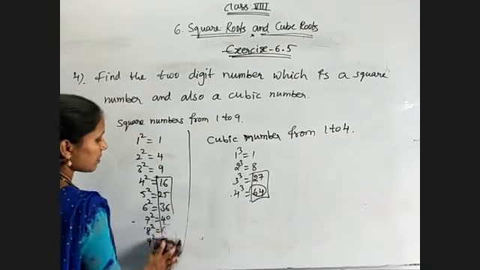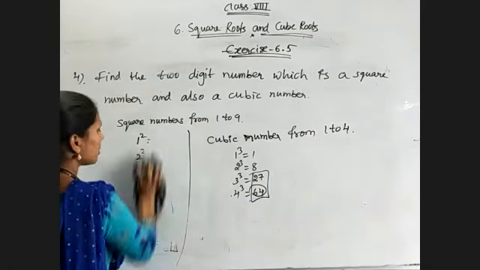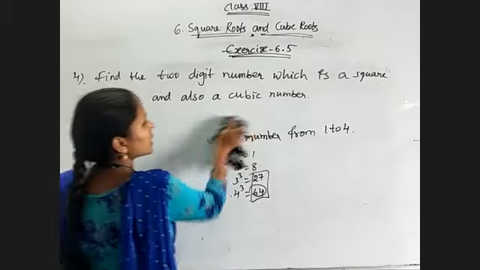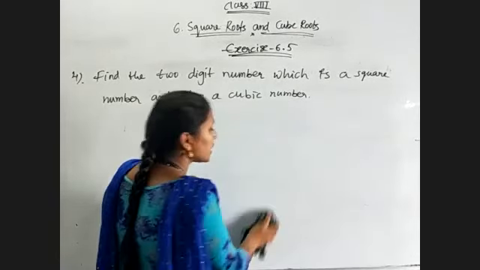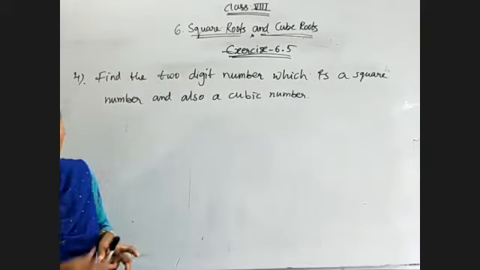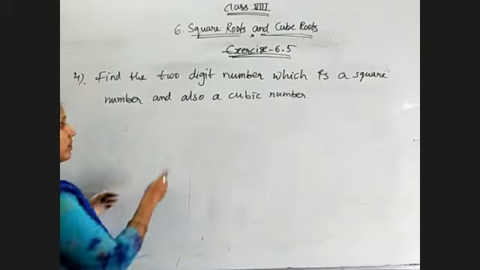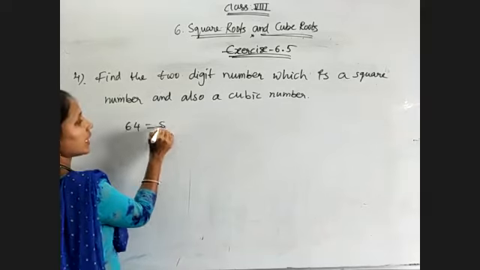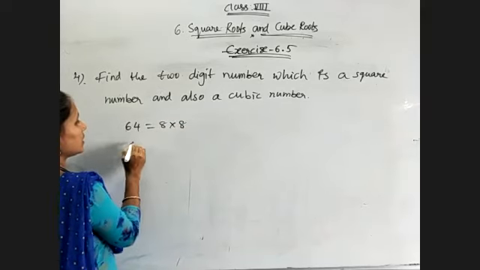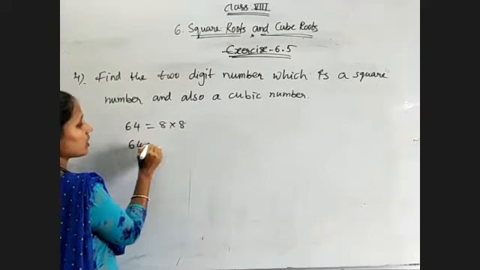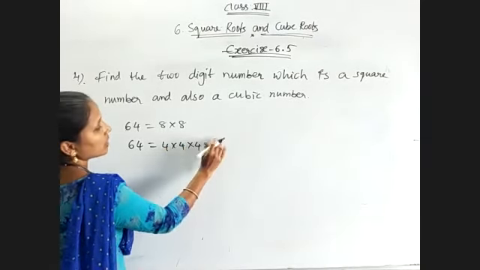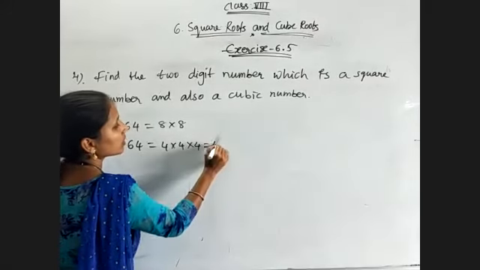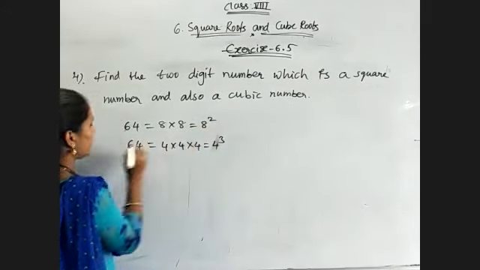Only for explanation purposes I did this. Directly we will write the answer. 64 is the two digit number which is the square number of 8 and the cubic number of 4. 64 is equal to 8 into 8, and 64 is equal to 4 into 4 into 4, which is equal to 4 cube, which is equal to 8 square.